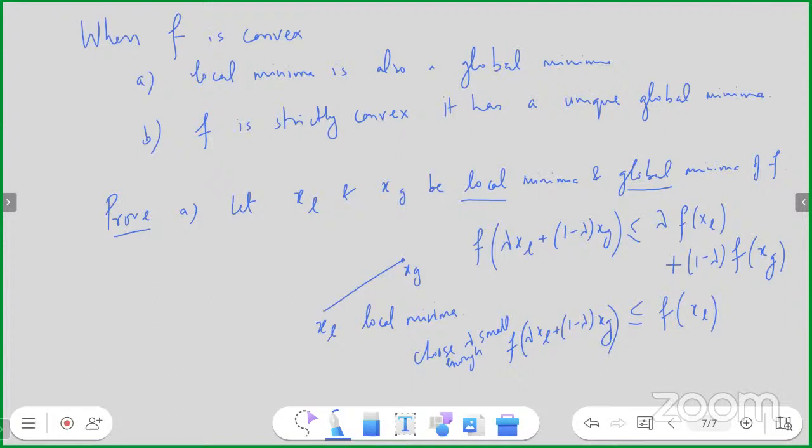But what about equality? Here we will be only getting less than. Why is it okay?